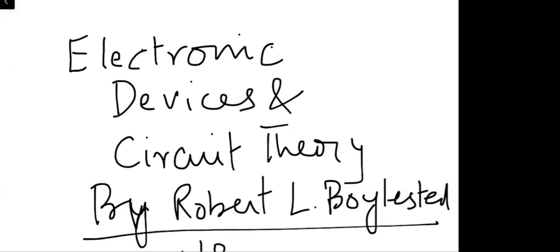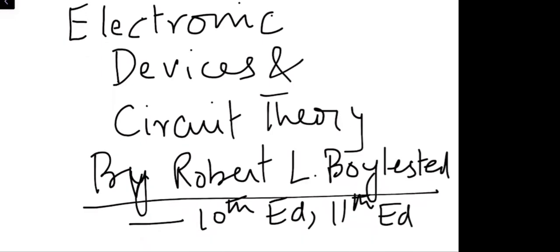If you get hold of the 10th or the 11th edition, both work fine. Even the 9th edition is available on the net. Any edition is fine. Okay, so let's start.